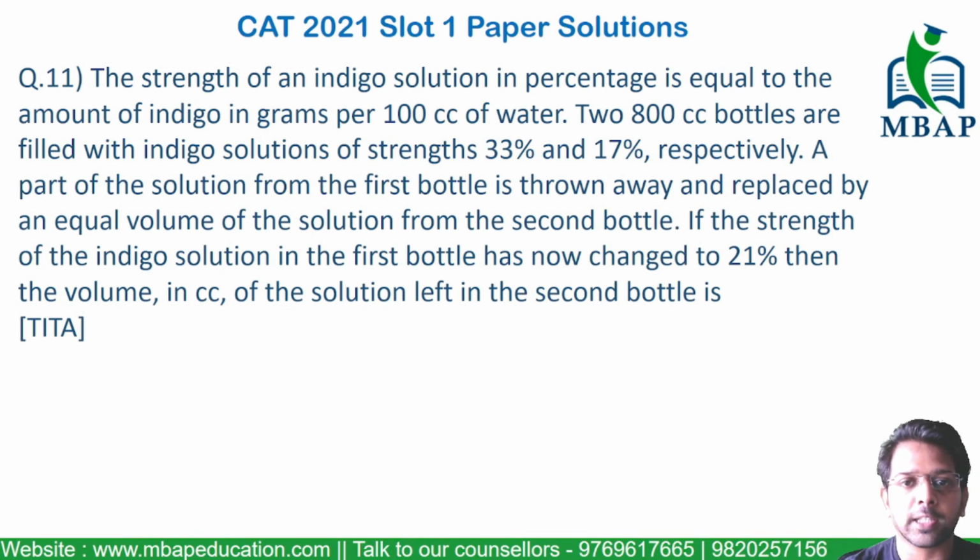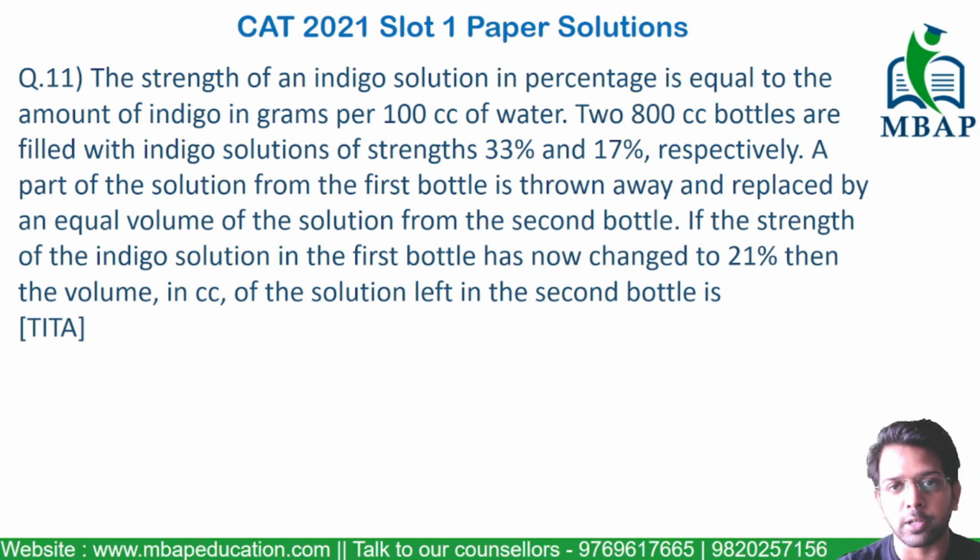A part of the solution from the first bottle has been thrown away and is replaced by an equal volume of the solution from the second bottle. If the strength of the indigo in the first solution has now changed to 21%, then the volume in cc of the solution left in the second bottle is how much?